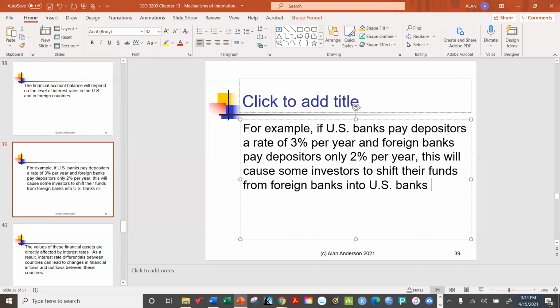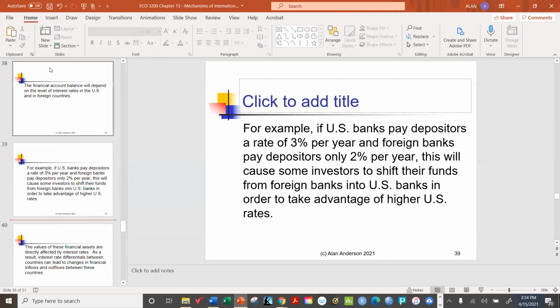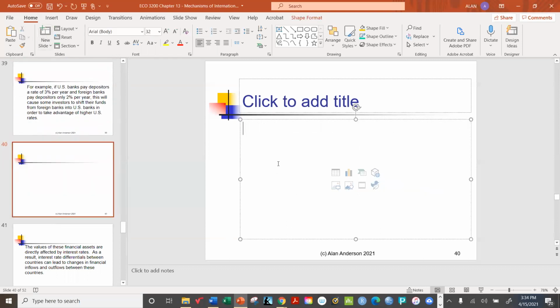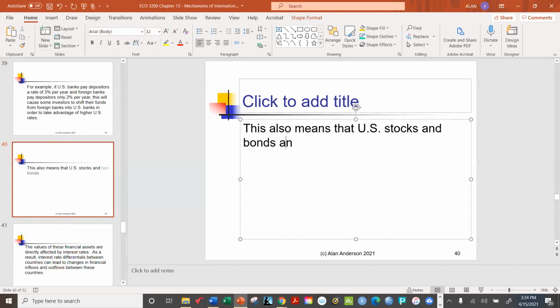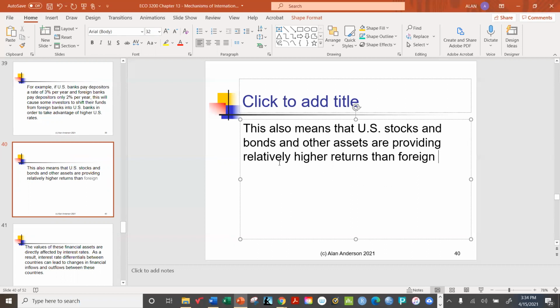in order to take advantage of higher US rates. And now we're going to assume that the same thing holds for other financial assets as well. Like, for example, this also means that US stocks and bonds and other assets are providing relatively higher returns than foreign financial assets.